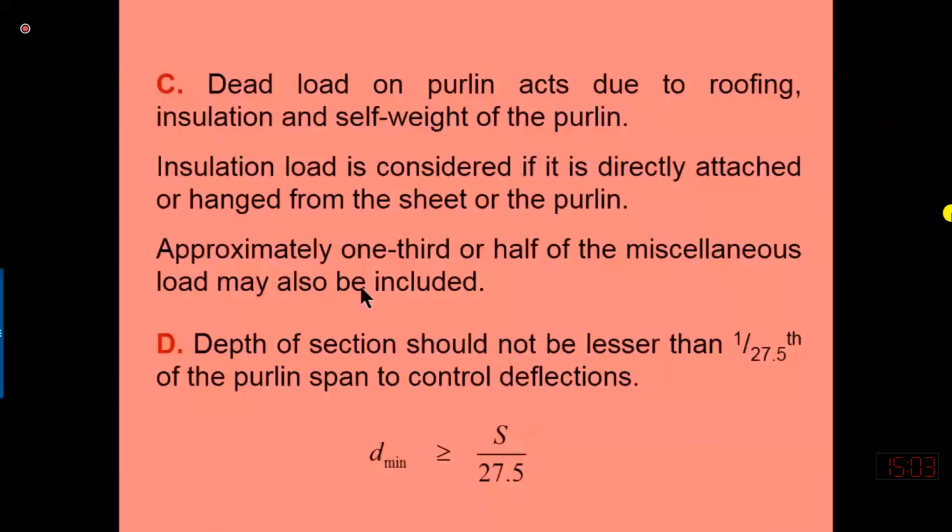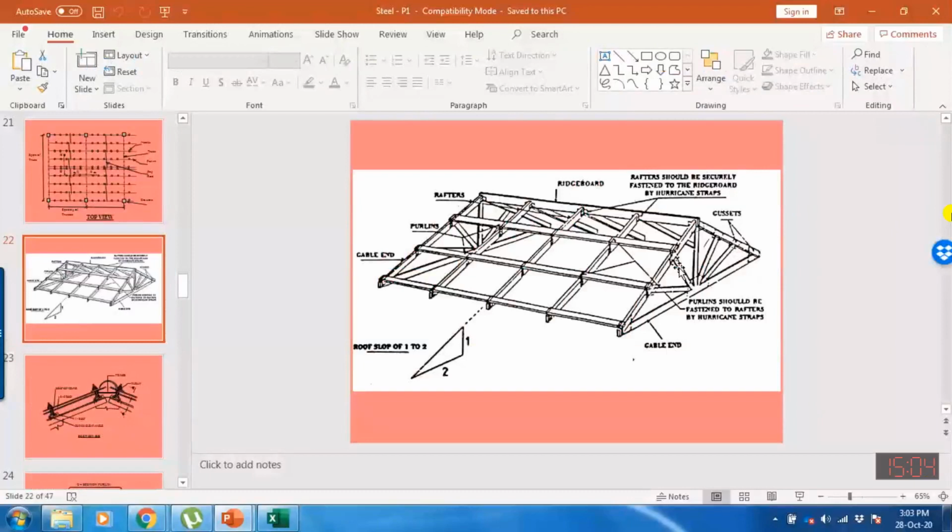Miscellaneous means the load of the nuts, bolts, washers, and other things. These nuts, bolts, and washers include the bolts which are also used to connect the truss members. So it means that many bolts are not used on our purlin and the roof sheeting.